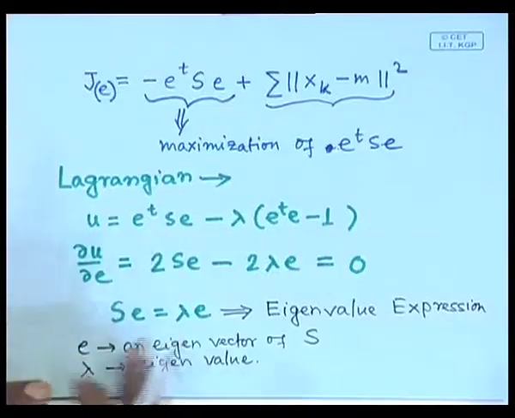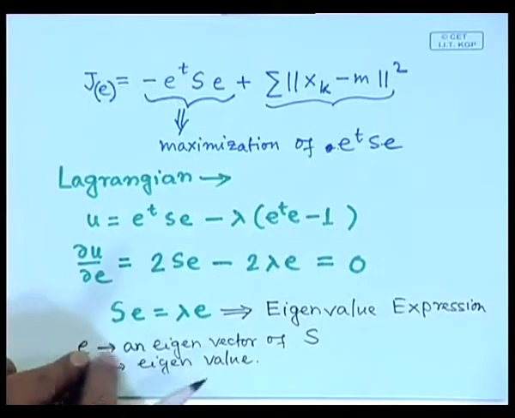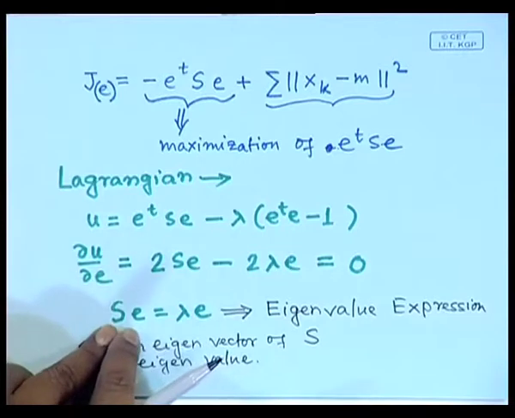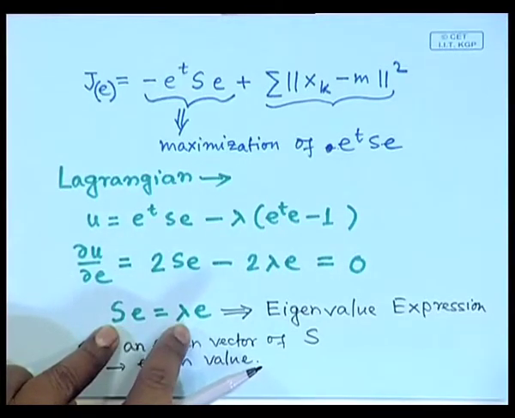So, if I want to maximize E transpose lambda E, I have to take the maximum value of lambda. Okay. So, that effectively says that when I am considering the direction of the line in the direction of vector E, this E is nothing but the eigenvector, and which eigenvector do I have to consider? The eigenvector corresponding to the maximum eigenvalue.